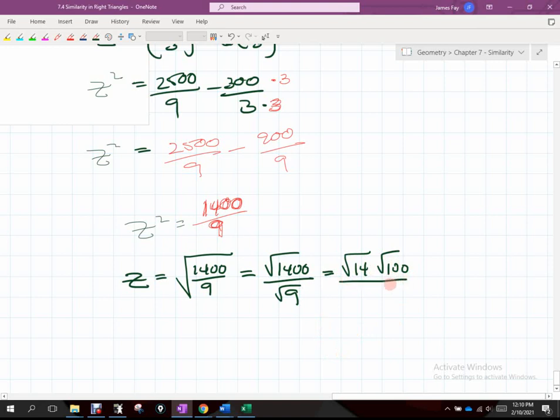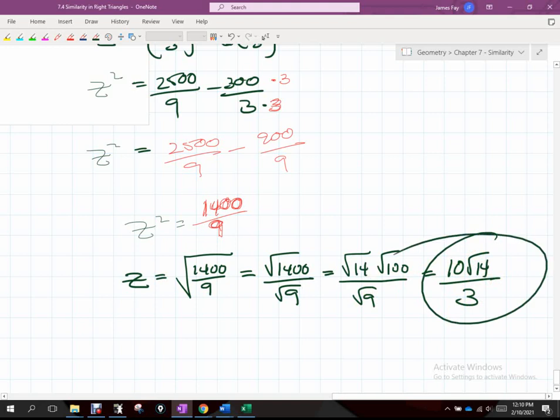Now, the reason I break it that way is because I know 14 is 2 times 7, so there's no perfect square that divides 14. And 100 is a perfect square, right? What's the square root of 100? 10. So 10 radical 14 and radical 9 is 3. So there's my z value.